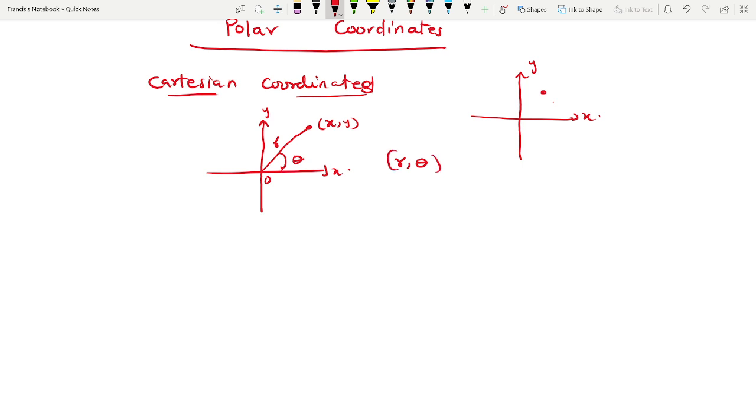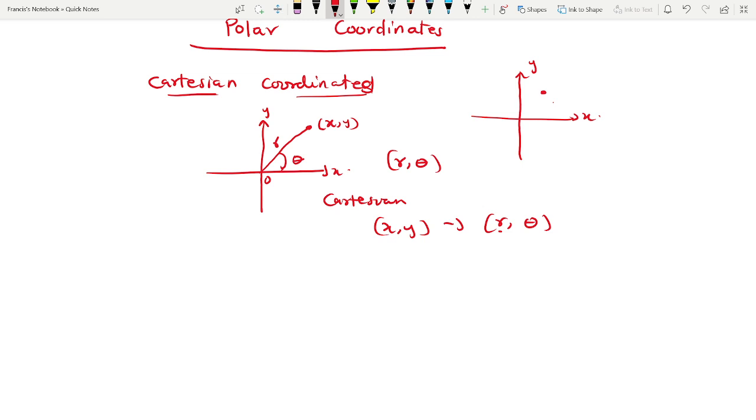The conversion of Cartesian to polar coordinates simply maps (x, y) to (r, theta). Take note, theta is the angle the line joining the origin to our point makes with the positive x-axis, and r is the magnitude of that line joining the origin to the point (x, y).